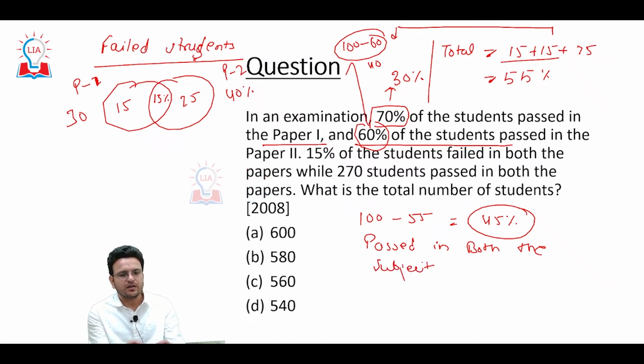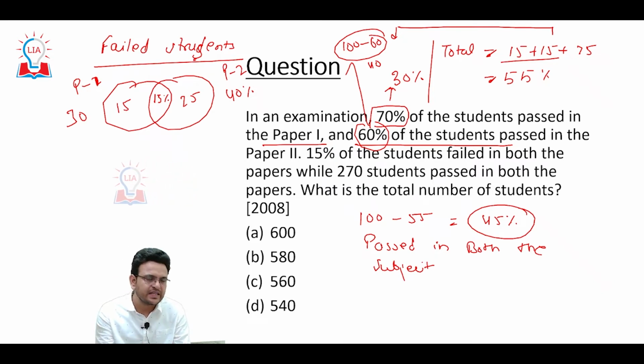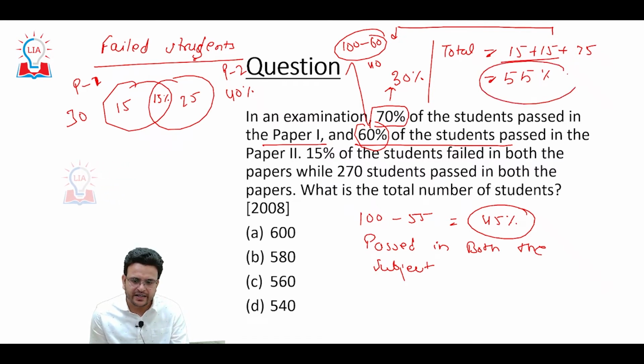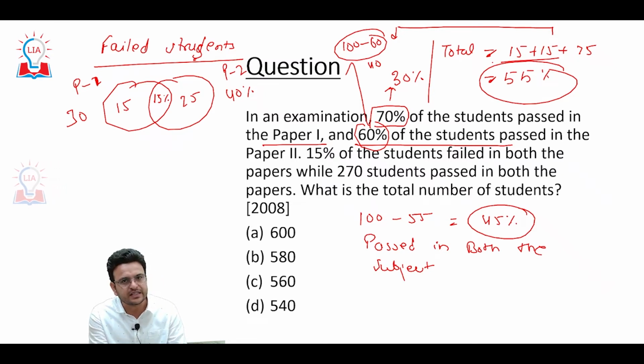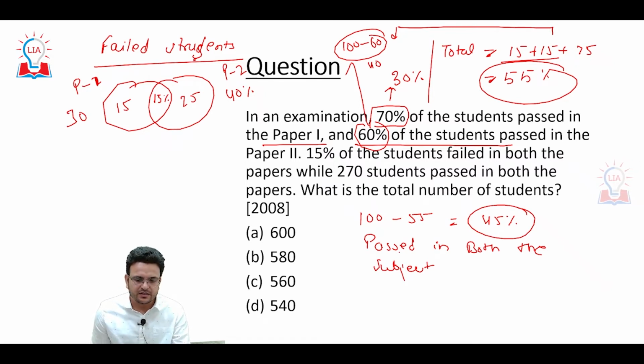Okay, so you are able to understand. First, I have drawn the Venn diagram of the students who have failed. I know that total students who have failed in both subjects or either one of them are 55%. Now I subtract this from 100 and get 45%. It means 45% of the students have passed in both subjects.